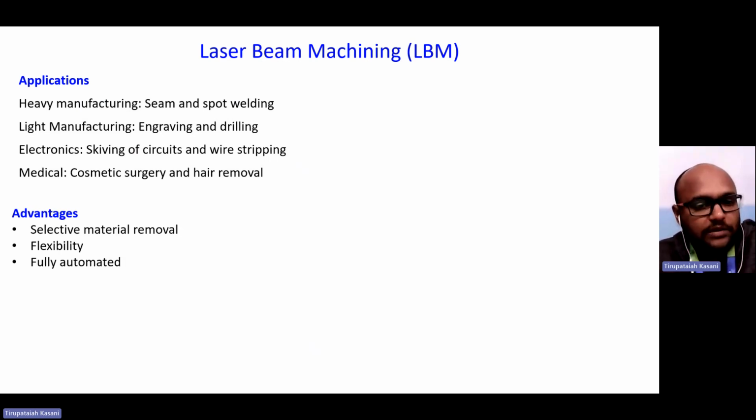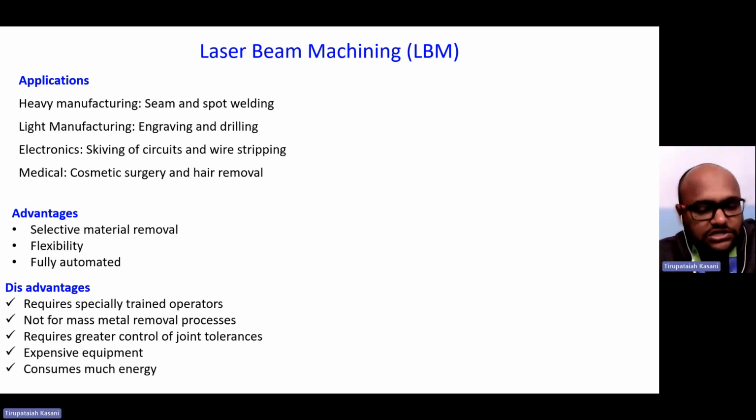The advantages are selective material removal; a fine amount of material from intricate portions can be removed using LBM, and it is flexible and fully automated. When it comes to the disadvantages, it requires specially trained operators. It is not for mass metal removal, meaning a high amount of material removal is not what it is meant for.